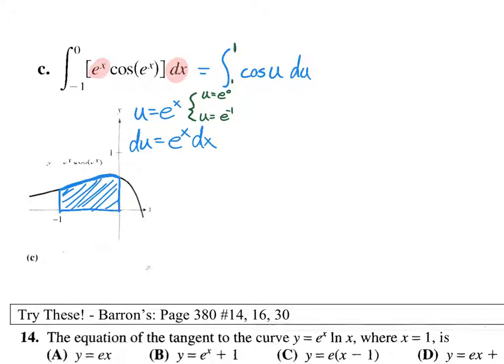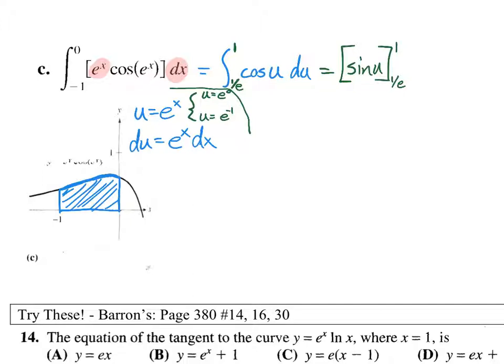E to the -1 is just 1 over e. Okay, so that's my lower bound. I kind of crammed this in wrong. Okay? So, what's the integral of cosine? Sine. Okay? That's sine. So now I have sine of u evaluated from 1 over e to 1.